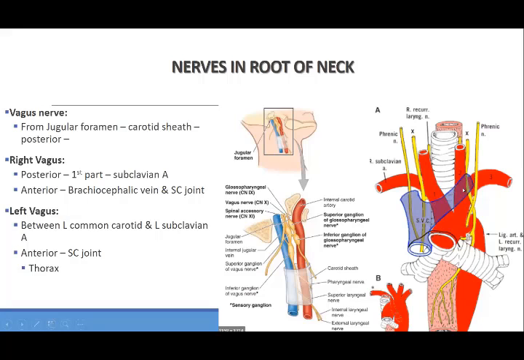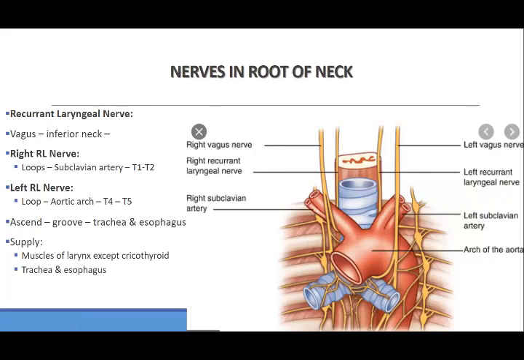So दोनों sides पे one thing is common. The brachiocephalic veins are lying in front of these nerves, plus still anteriorly you have the sternoclavicular joint lying in front of this brachiocephalic vein. Okay, and then of course it enters the thorax. यहाँ तक ठीक है. ये relations थोड़े से आपको याद रखने होंगे, बस. These things are very important in this. They need to be dealt with.